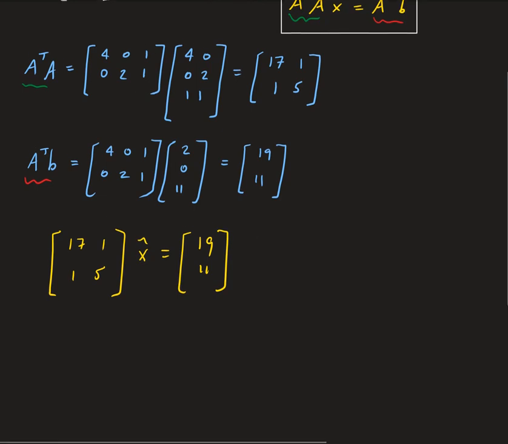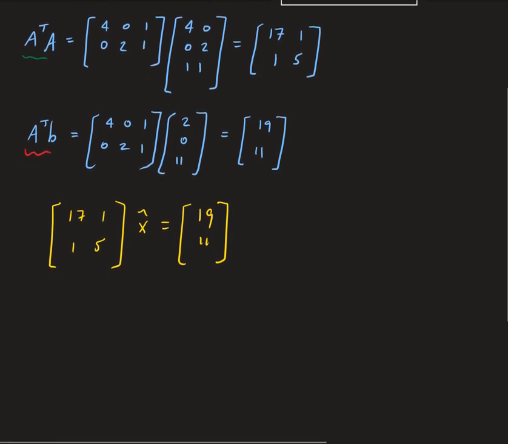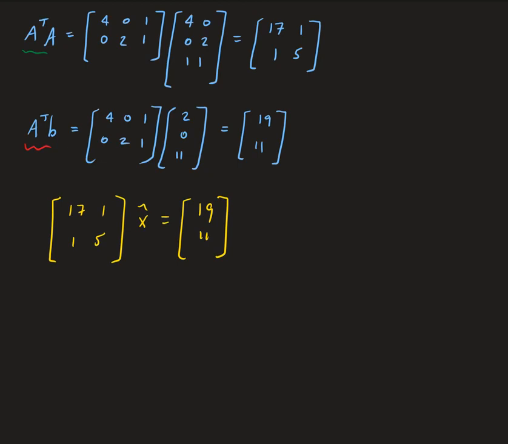We can solve this by taking the inverse of this matrix here, so (A transpose A) inverse. We're going to take the inverse of 17, 1, 1, and 5. That's going to be 1 over the determinant of this matrix, which is 84, multiplied by the matrix 5, negative 1, negative 1, and 17.